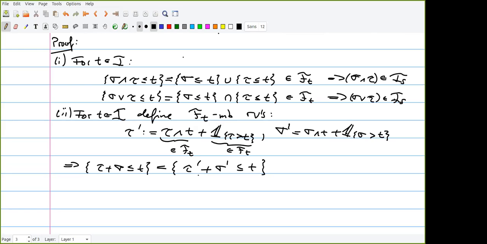And if they are less or equal than t, the minimum is just tau plus sigma, and sigma prime and tau prime are also just sigma and tau, right? So this is now ft measurable, means the sum is ft measurable, and we are done.